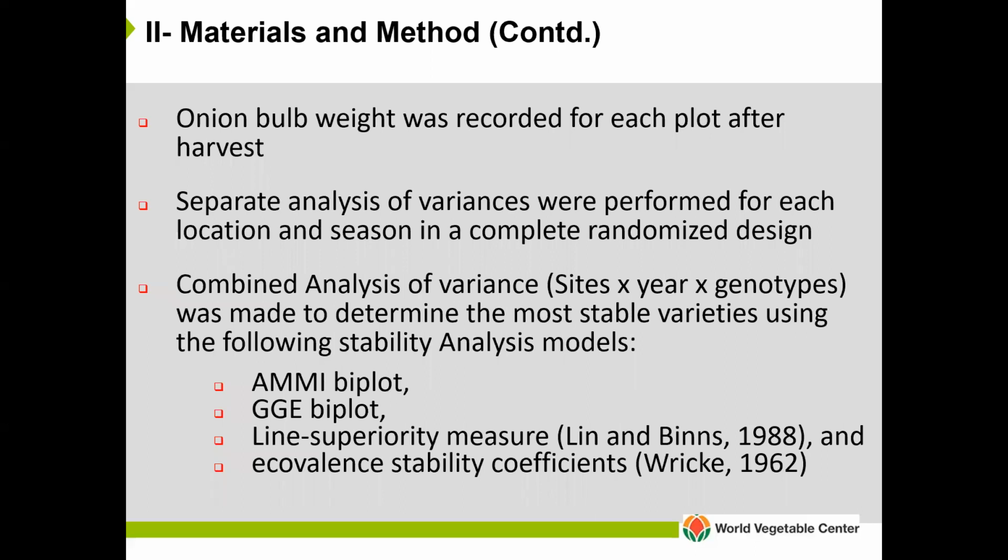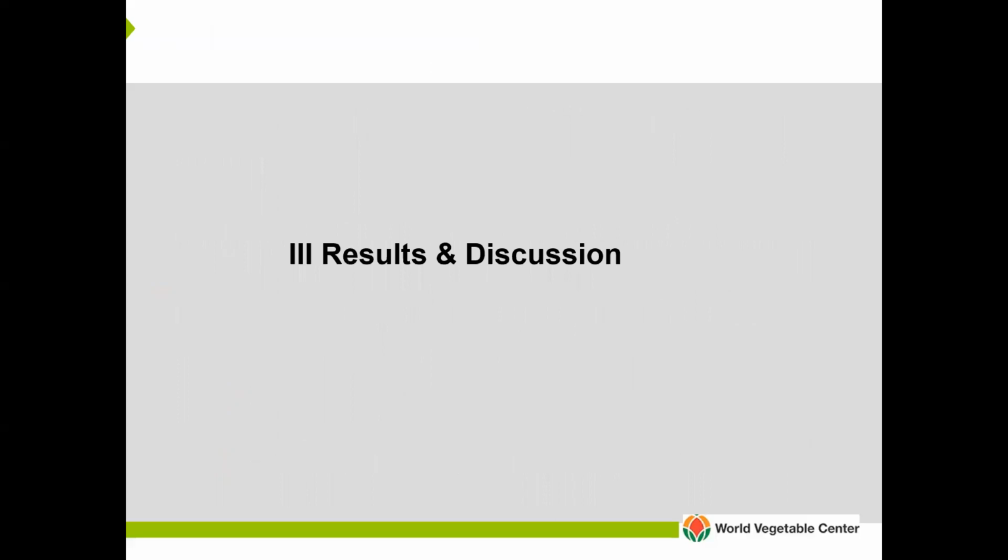Combined analysis of variance was made to determine the most stable variety using the following stability analysis models. 4 models were used: AMMI plot, GGE biplot, line superiority measure, and ecovalence stability coefficient determination.